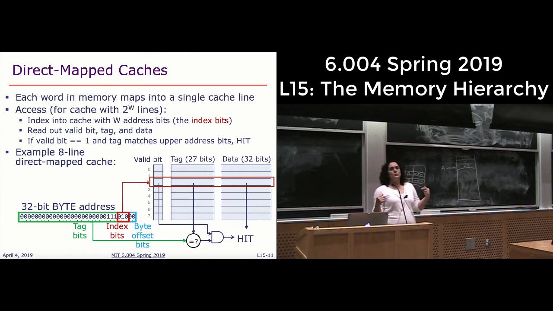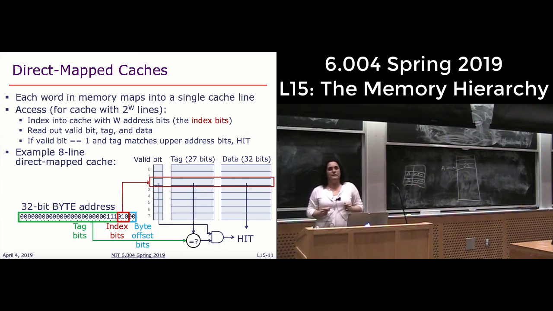So we want to be able to say all the valid bits are 0. Only after I've started to bring things in from main memory, as I bring them in, do I set the valid bit to 1. So in order to actually get a hit in my cache, not only do I have to get a match of my tag, but I also have to have the valid bit be 1. Any questions about that?